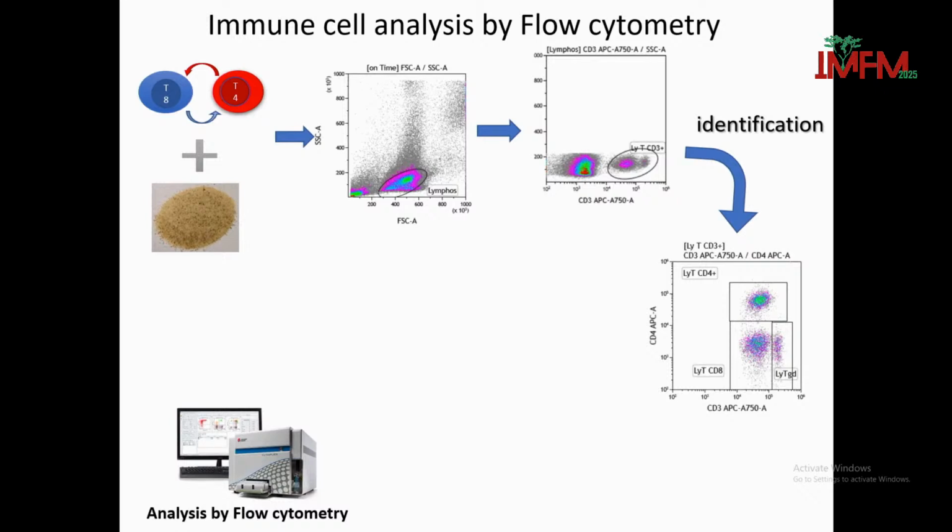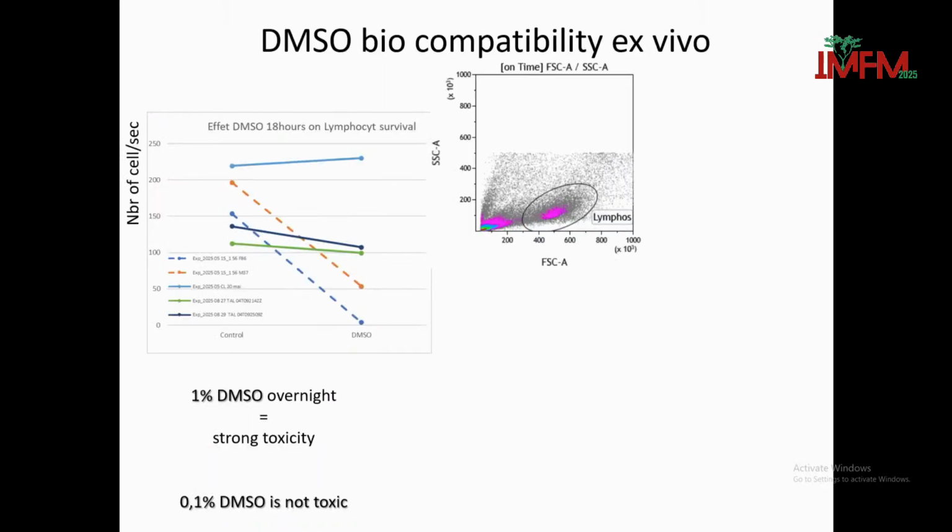Then we can select the cells, identify them, and read out the effect of the product on the cell. So the first thing we observed is that cell survival is very dependent on the solvent we have used.